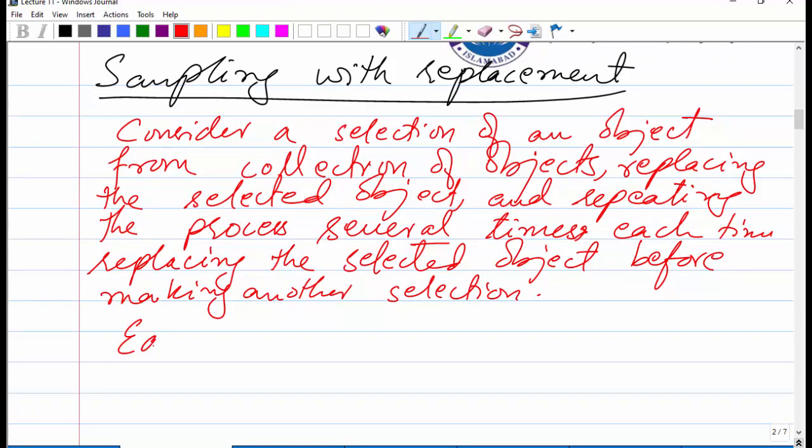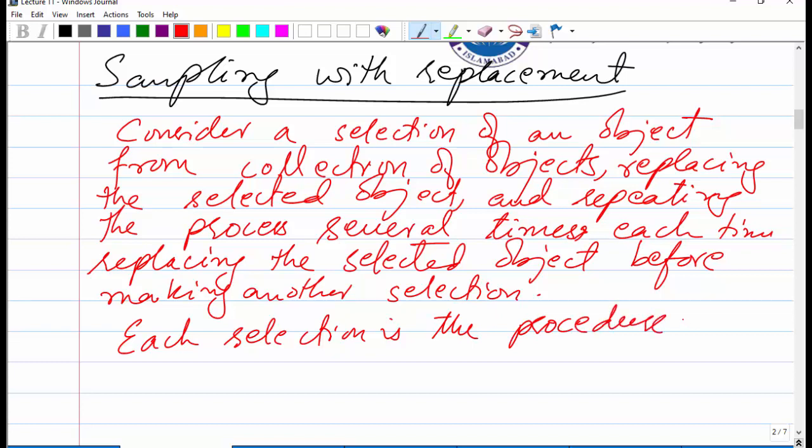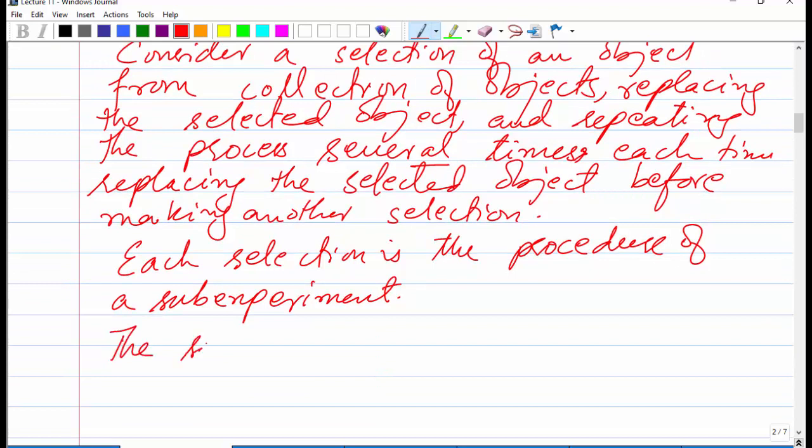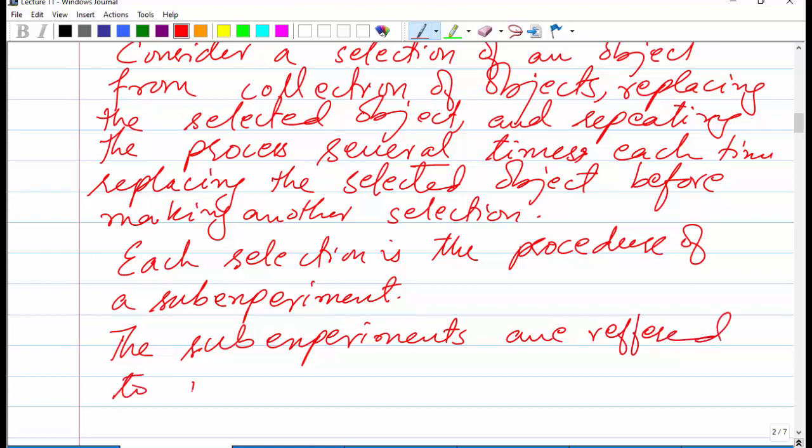So each selection is the procedure of a sub-experiment. So the sub-experiments are referred to as independent trials.